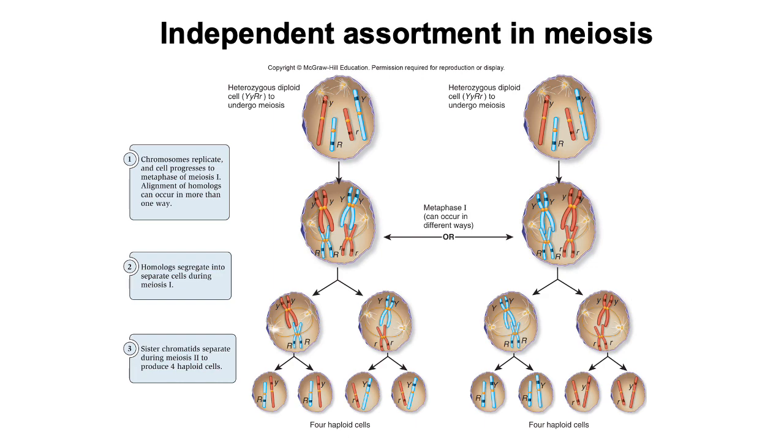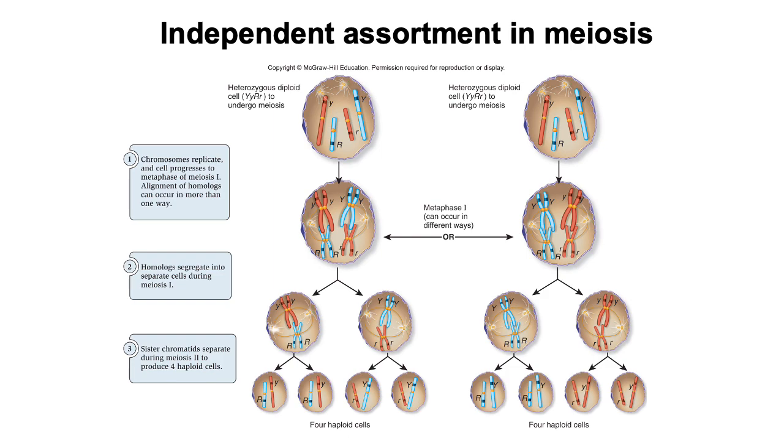We're looking at the gene at the Y locus that determines seed color. And we're also looking at a gene on the R locus that determines seed shape. And so you see, these are both heterozygous F1s, and you see that at the top. And we remember at metaphase 1, the homologous chromosomes actually line up opposite one another, and this whole process is random.